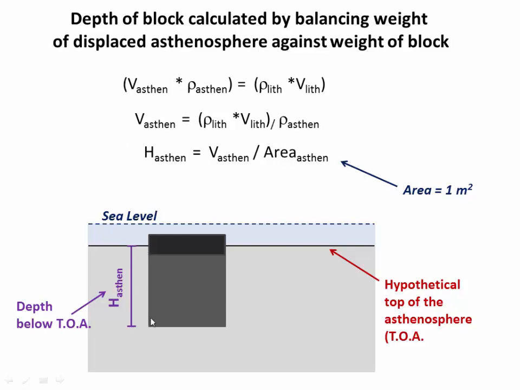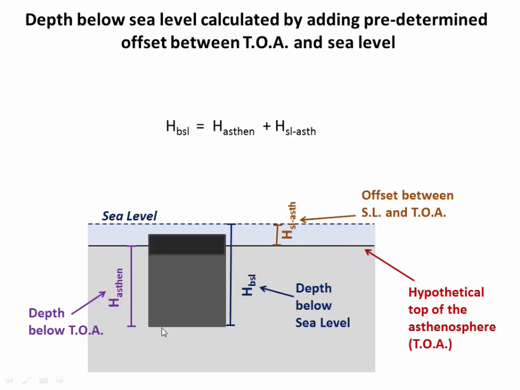All right, so now we know how deep the base of this block is below the top of the asthenosphere, but what we might be more interested in is how deep it is below sea level. So we'll do a final step here, and that's essentially to recognize that this term, the height below sea level, HBSL, is simply equal to the height of the asthenosphere plus this term, which is the offset between the sea level and the hypothetical top of the asthenosphere.